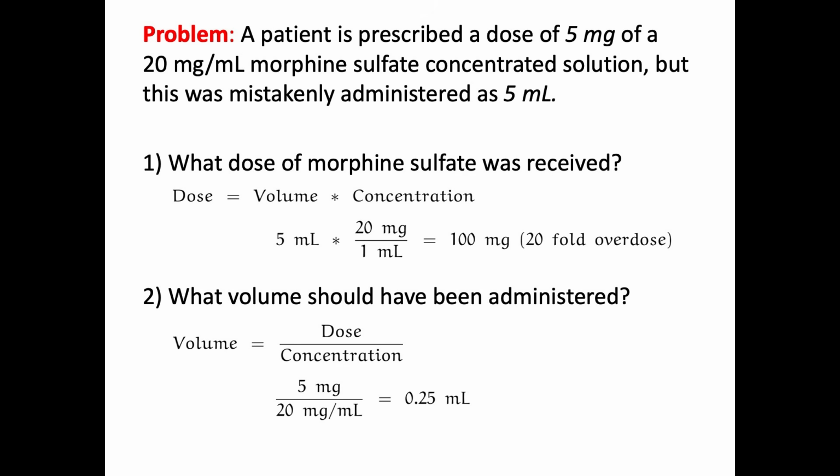I know my dose is 5 milligrams, and if I divide that by the concentration of 20 milligrams per milliliter, milligrams cancel, and my final value of 5 divided by 20, which is 0.25, would have the units of milliliters. So in this example, the patient should have been administered 0.25 milliliters. That volume would have provided a 5 milligram dose.